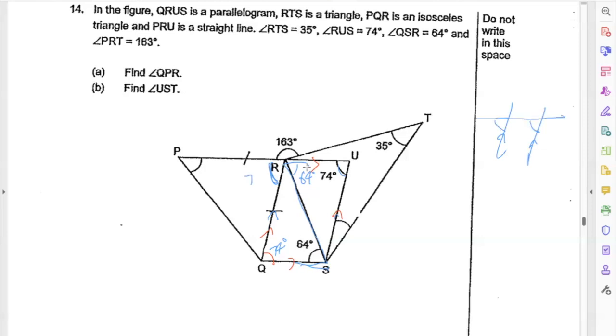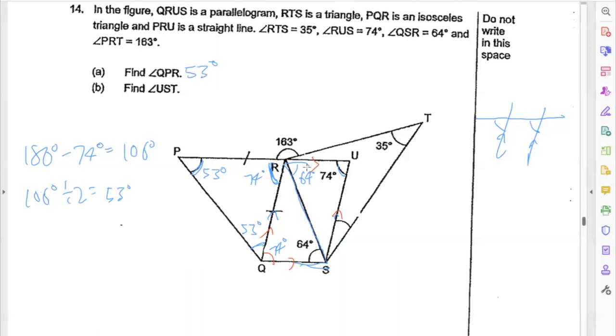So this has to be 74. Next, I can find these two angles. This is the base angle of the isosceles triangle, they are equal. So 180 minus 74, you get 106. 106 divided by 2, I get 53. So these are 53. That answers the first part of the question, 53 degrees.